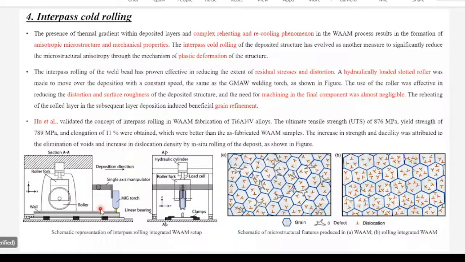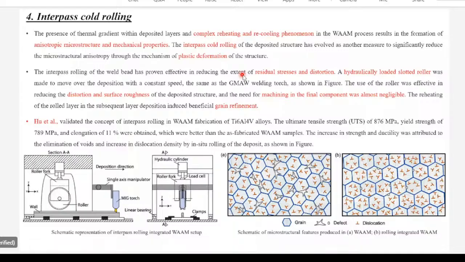The presence of thermal gradients within deposited layers and complex reheating and recooling phenomena in the WAM process result in anisotropy in microstructure and mechanical properties. So interpass cold rolling of the deposited structure has evolved as another measure to significantly reduce microstructure anisotropy through the mechanism of plastic deformation. The main concept here is plastic deformation of the deposited weld bead or layers.